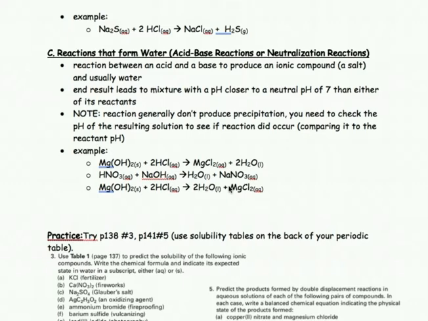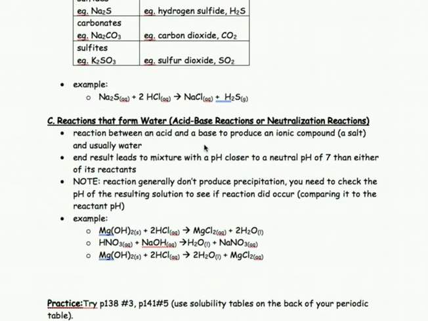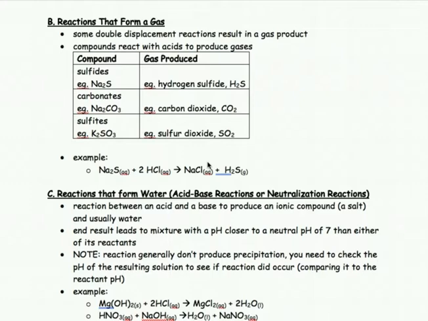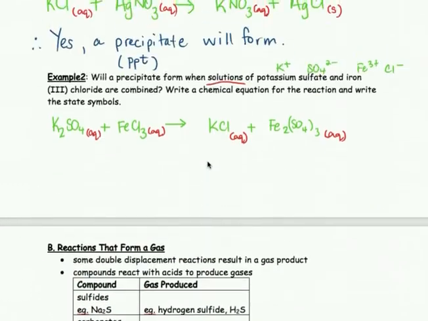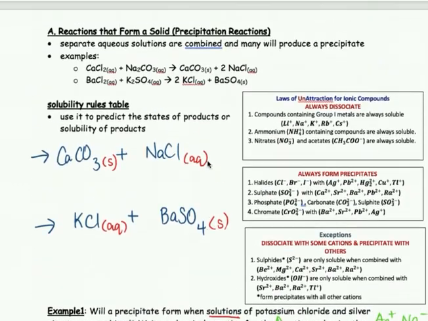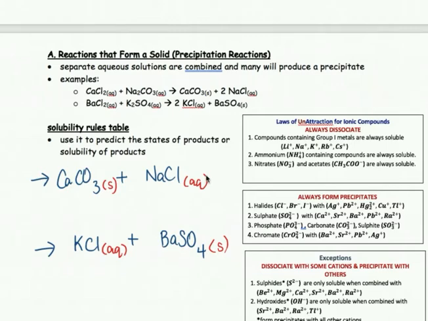New products form, but it still looks like colorless liquids. So we have to perform some other operations like titrations, which we will study in a future unit. So I just wanted to point out that there are these other types of double displacement reactions, but I want you to concentrate on these ones where they form a solid. They're called precipitation reactions.